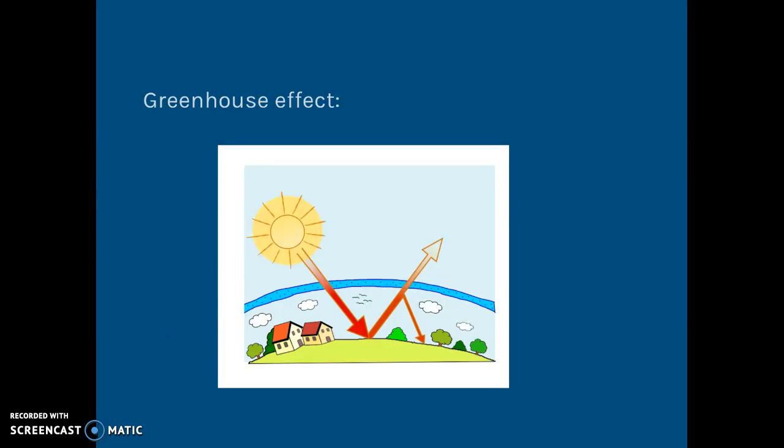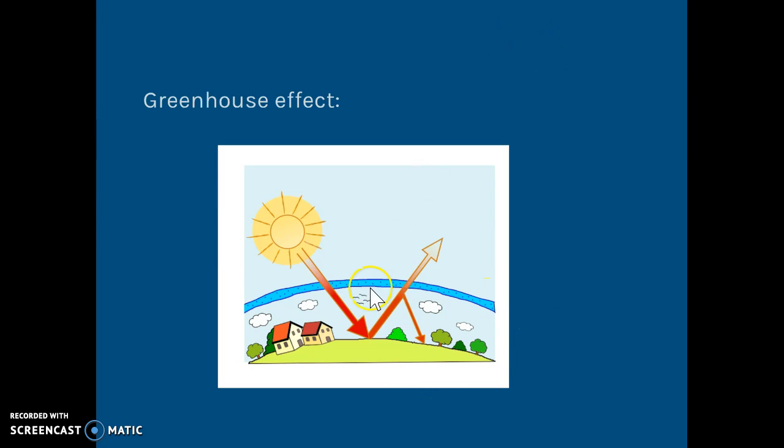I'm sure you've heard of this before, but Earth's surface re-emits energy in longer, less energetic infrared wavelengths, and then some of this infrared radiation is absorbed by greenhouse gas molecules in the atmosphere, and those molecules are warmed and radiate these infrared photons back to the Earth's surface, keeping the energy within the lower atmosphere instead of having it radiate away.